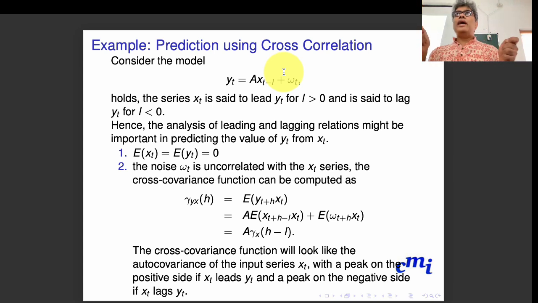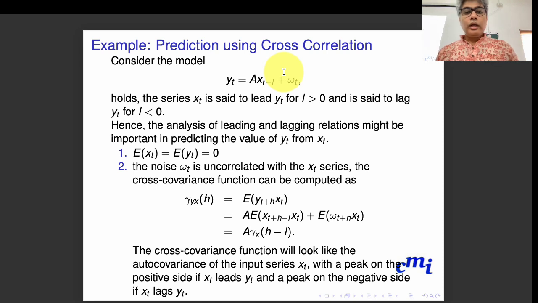If I find that x and y are highly correlated at L lags, then if I know the current value of x, I will be able to say that L lags ahead, y's value will be somewhat this. So even if this model is very simple, it is very useful. We will not be able to use this model all the time, but it is a good model to have in our toolbox.